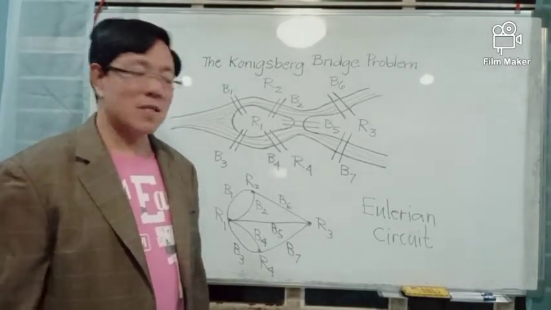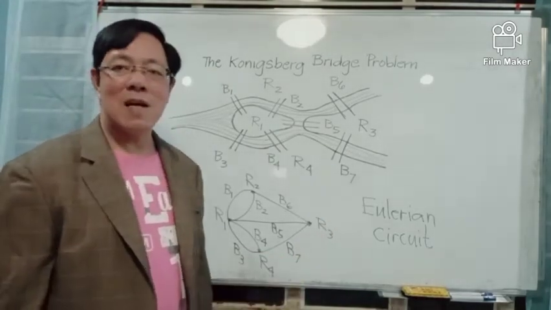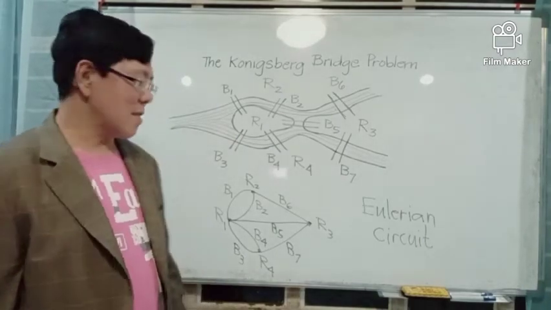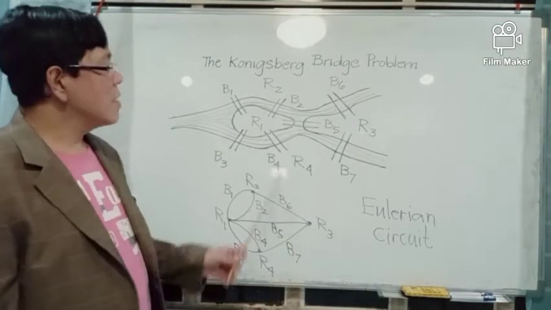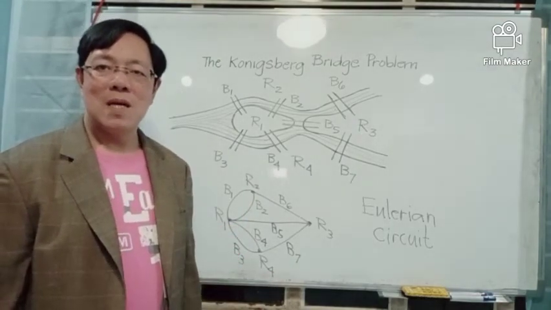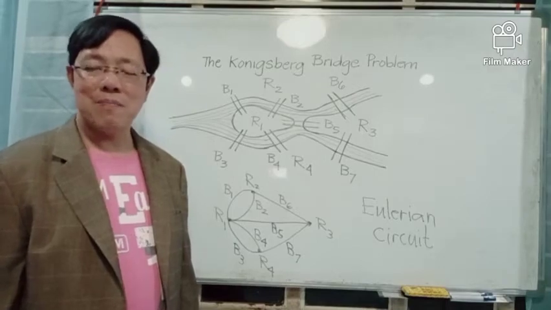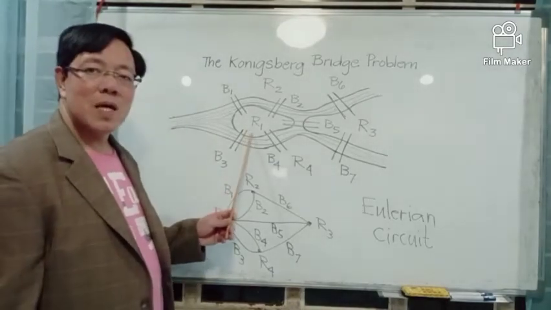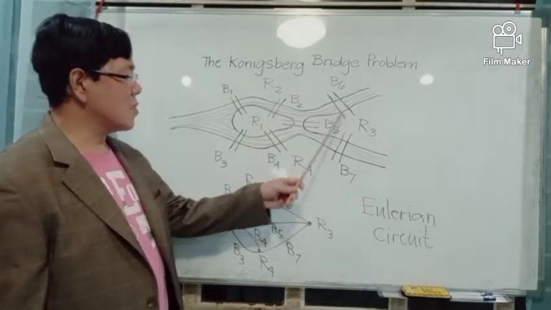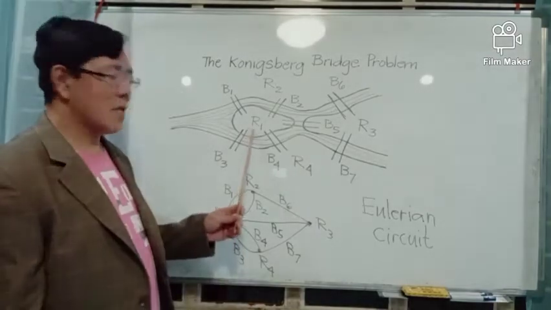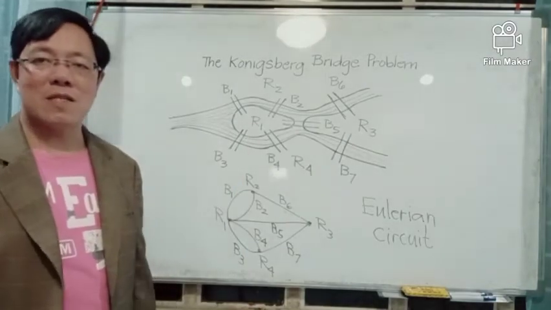That closed path is known as an Eulerian circuit. If we can find that Eulerian circuit from this graph, then we have solved the Konigsberg bridge problem. We have found a path that starts from a region and crosses each of the 7 bridges exactly once and returns to that same region where we started.